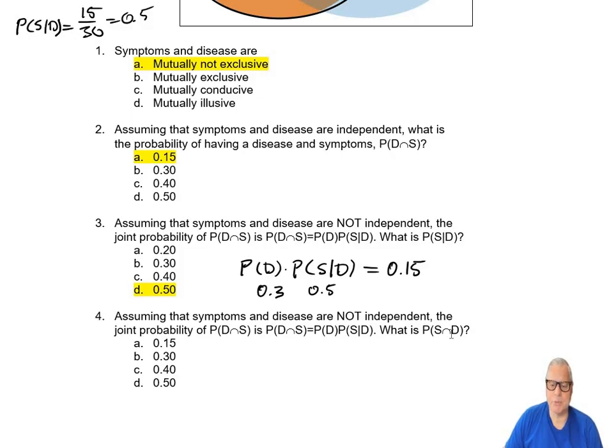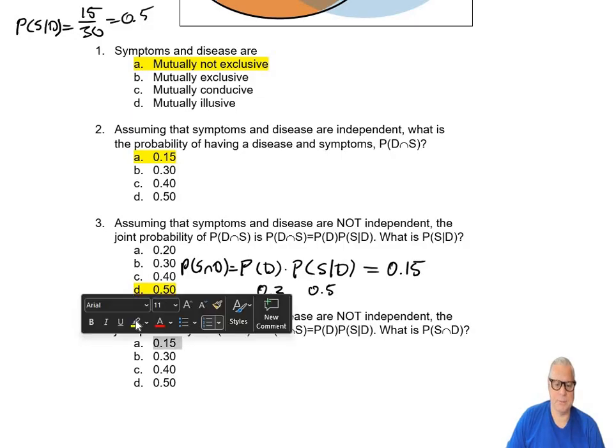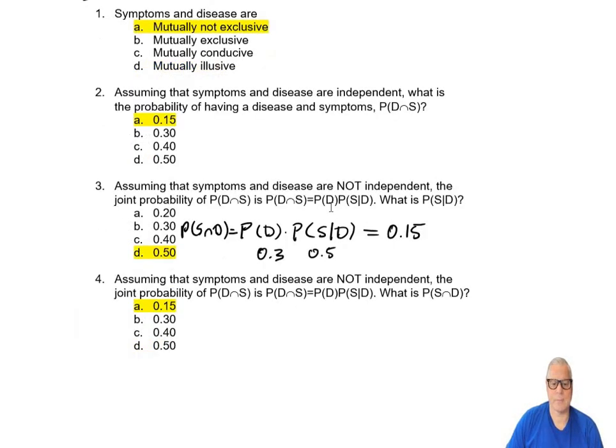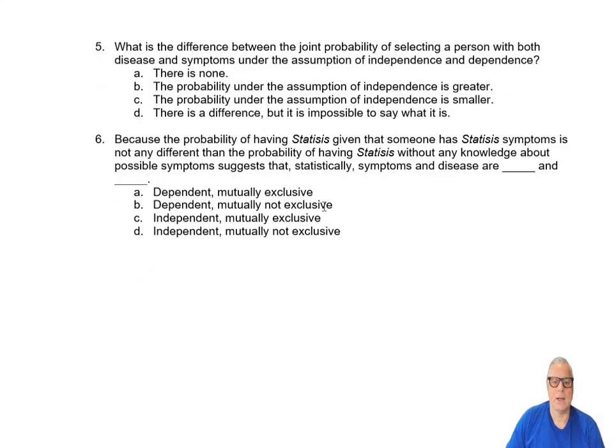So what is the probability of S and D? We just calculated, and that's 0.15 as well. What is the difference between the joint probability of selecting a person with both disease and symptoms under the assumption of independence and dependence?